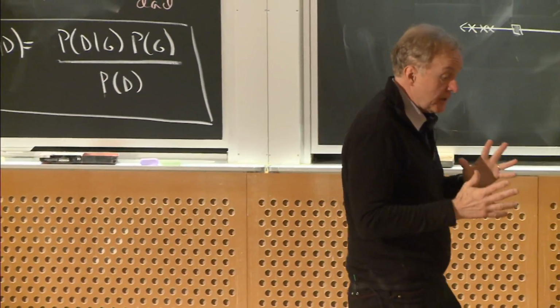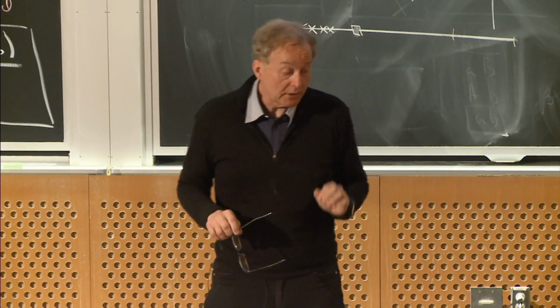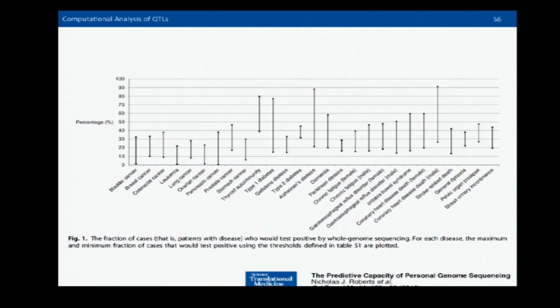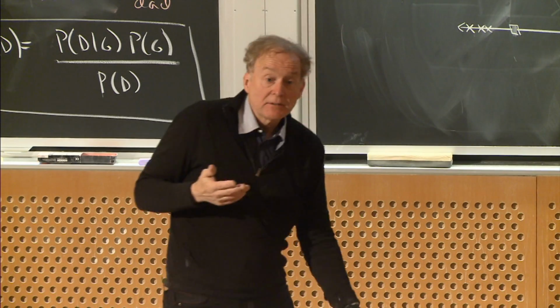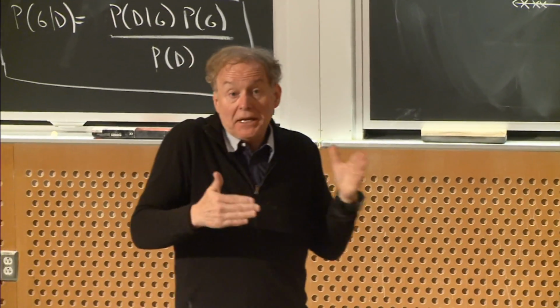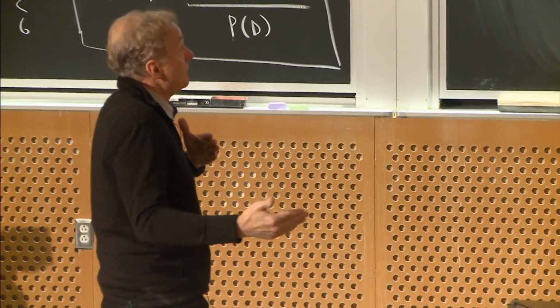So the authors of this study actually looked at a lot of identical twin data and asked two questions. The first was, if you look at the percentage of cases that would test positive, making no assumptions about genotype, using twin data, you can see the percentage of people that actually have a disease that will test positive is actually fairly low for a wide variety of diseases. All these diseases were studied in the context of identical twins. And this suggested to them that, in fact, personal genomic sequencing might not be as predictive as one might like.